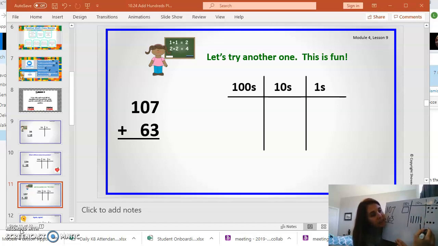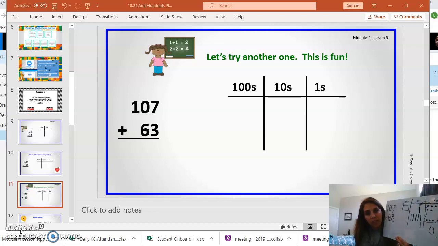I have 10 ones. I can't have 10 in my ones place, so I look and I circle a group of 10. Well, that's going to leave a 0 in my ones place because now I'm not going to have any ones left. And I'm going to take that group of 10 over to my tens place.